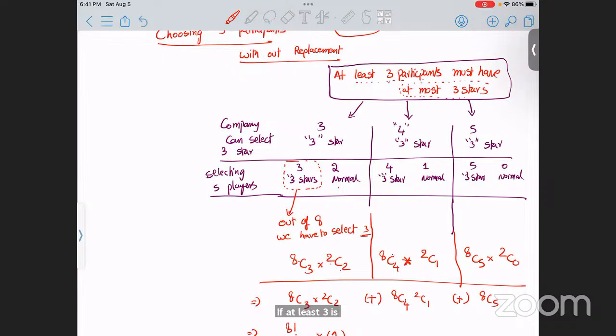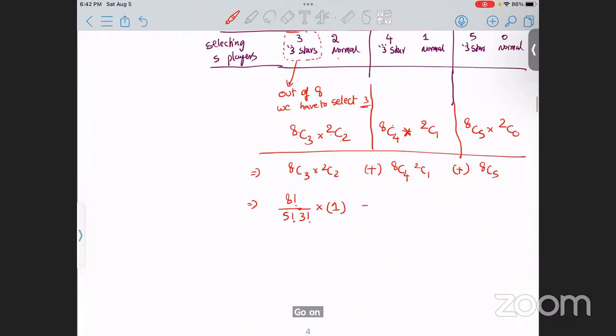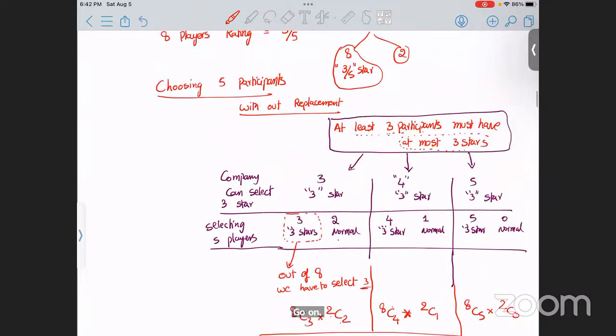Got it, sir. Sir, in 8 people, there must be at least 3 players with 3, 4 or 5 stars? Yes, at least 3 players in the first case, if we only consider 3 players, the highest is 3 stars.